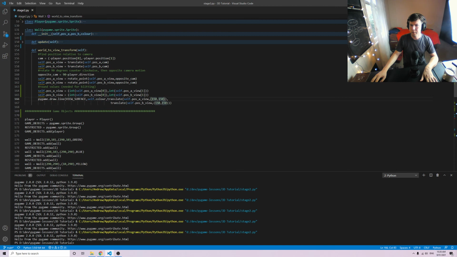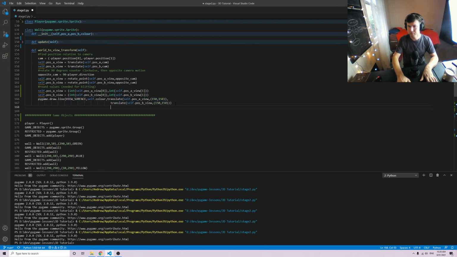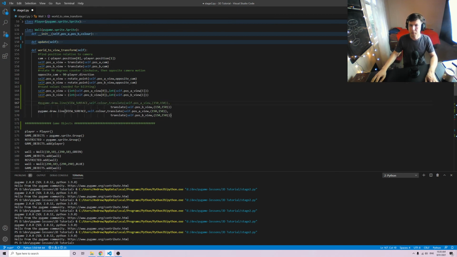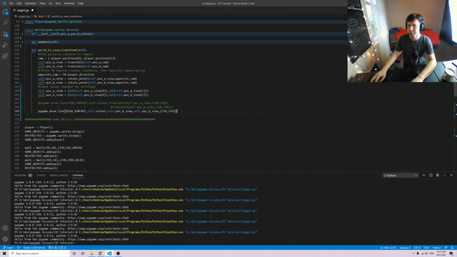So if I don't do that, rotation works around the origin. So something which should be at the center of the screen, if we're rotating around the center of the screen, then first we move it so that the center of the screen counts as the point 0, 0, and then we draw.